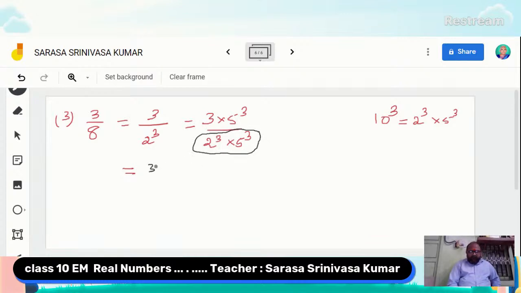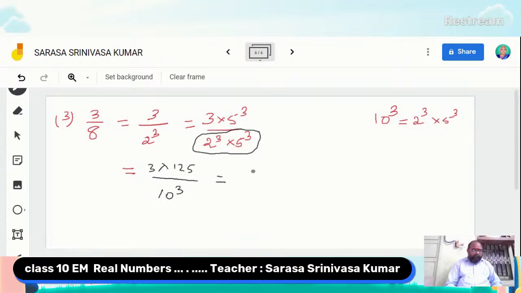So 3 multiplied by, what is the value of 5 cube? It is 125. 125 divided by 2 power 3 multiplied by 5 power 3, that is 10 power 3.